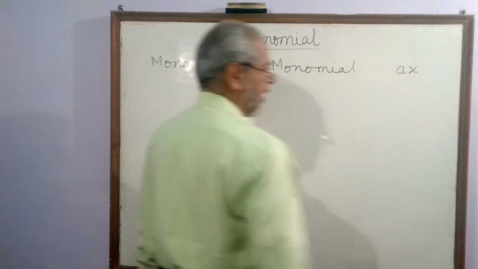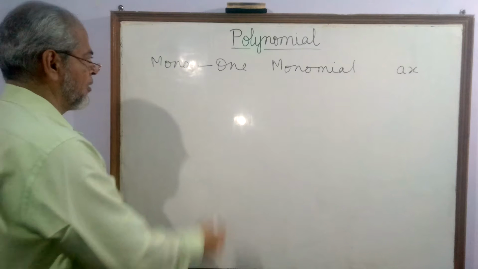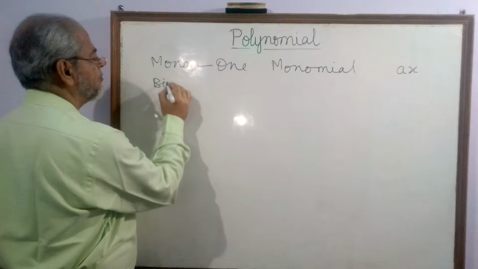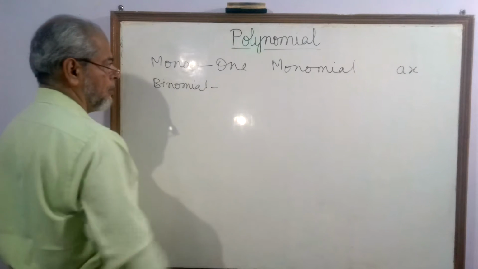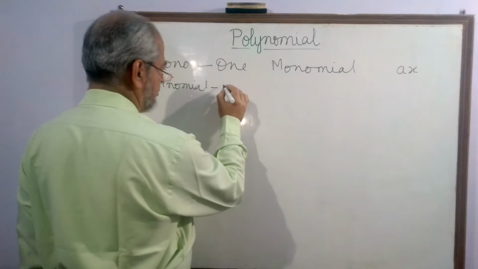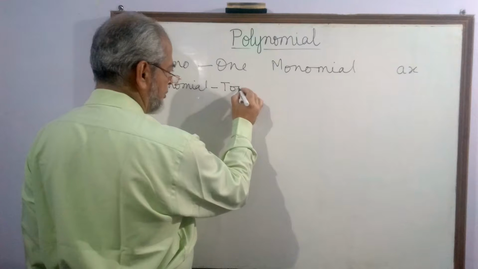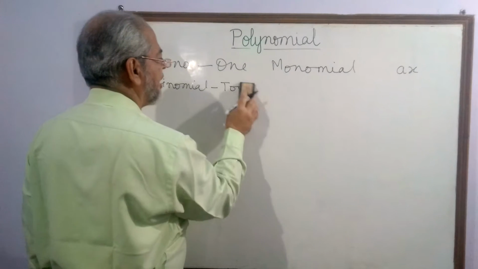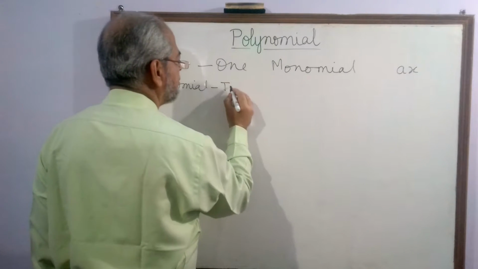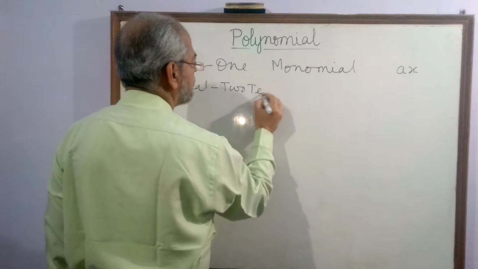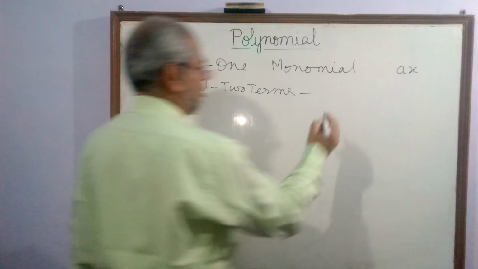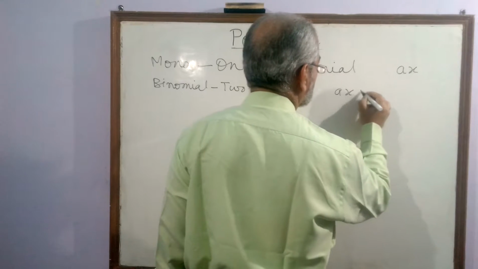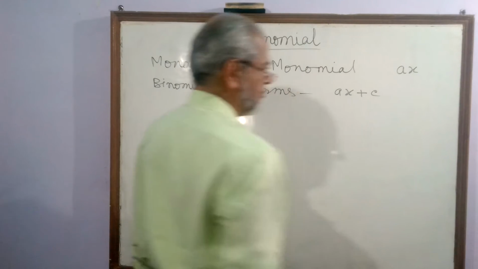For example, ax. Binomial, bi means 2. So if it has two terms, then it will be a binomial. For example, ax plus c.